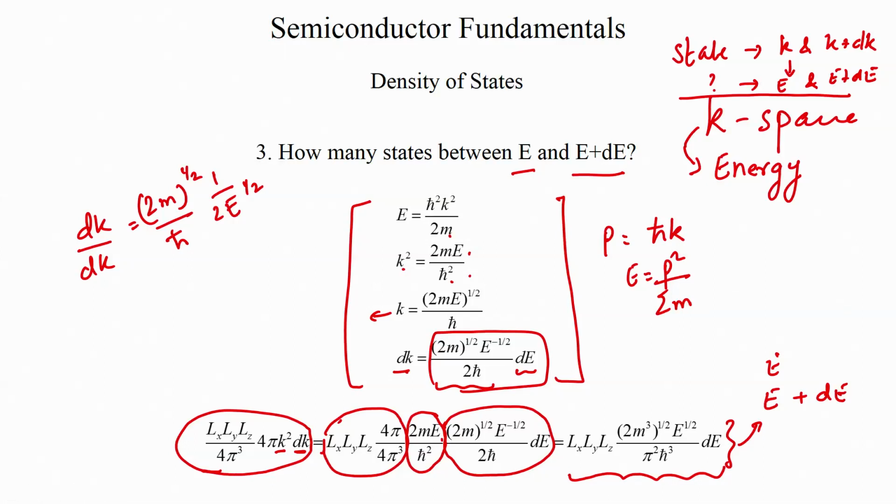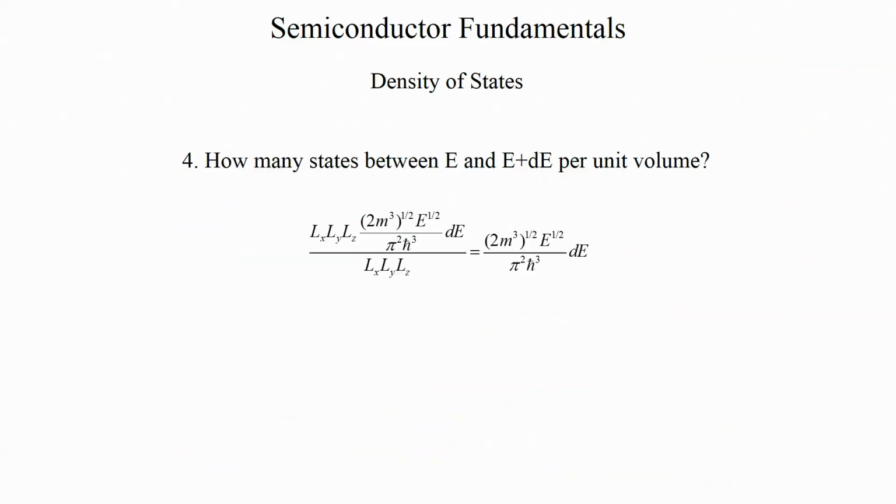So we now know the number of solutions to Schrodinger's equation sitting between 2 energy levels E and E plus dE. So now let us see how to get to the density of states. Now we ask our 4th question, which is how many states exist between E and E plus dE per unit volume. Now this is the real volume of the material, so we are no longer in reciprocal space. So what is the volume? The box had lengths Lx, Ly and Lz. Therefore the volume of the box is LxLyLz.